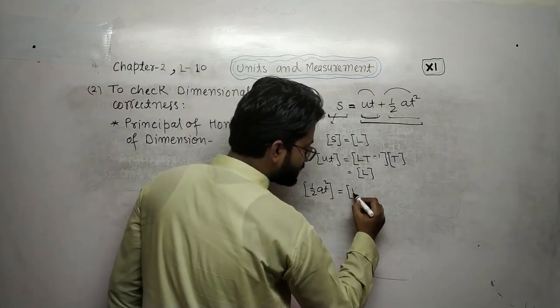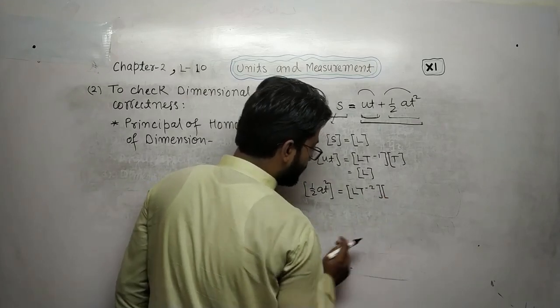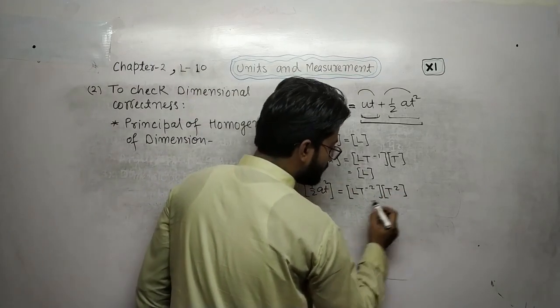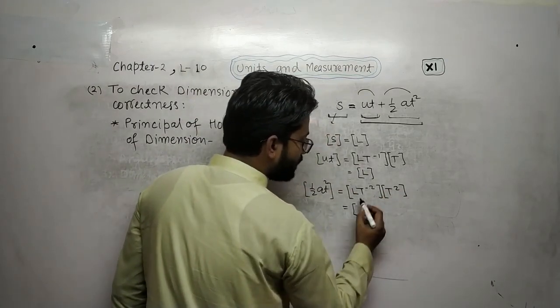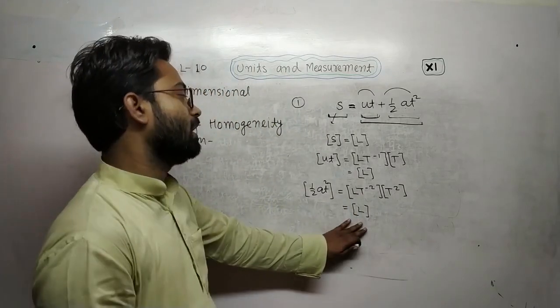A is the acceleration, that is LT to the power minus 2, and t square is T to the power 2. After solving, you will have L T to the power 0, or simply L.